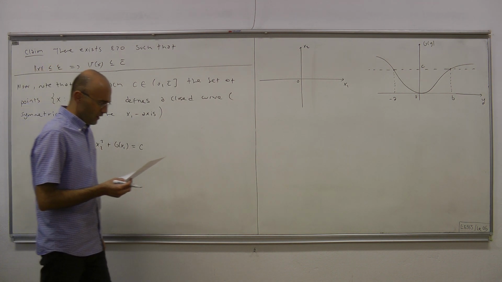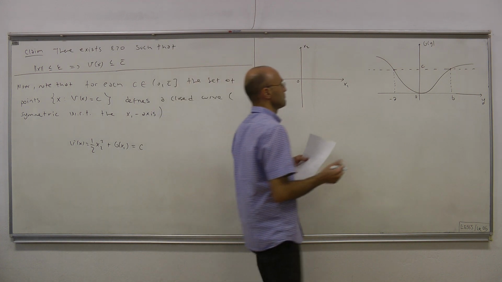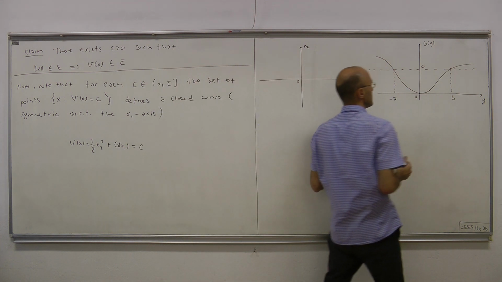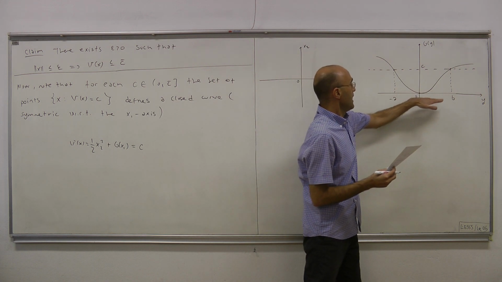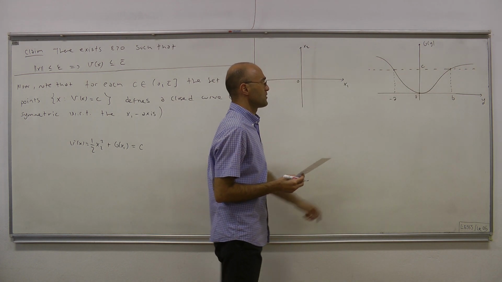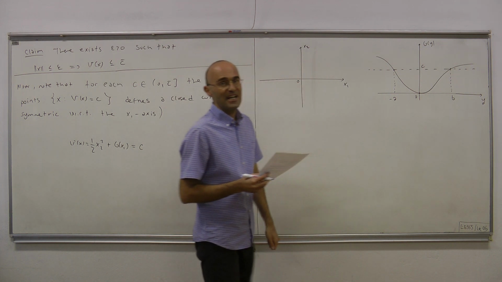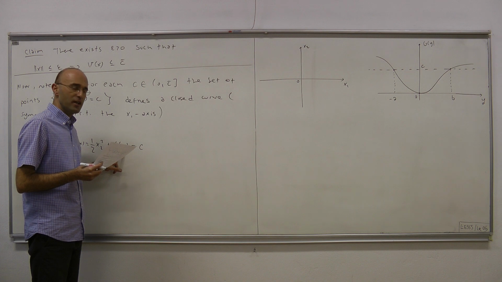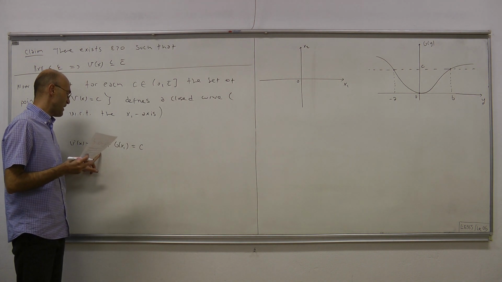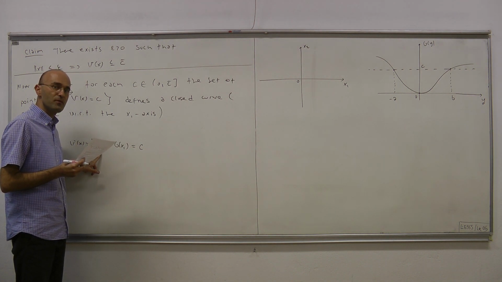Okay. Now, suppose that this is the x1. x1 versus g of x1, we can consider that. Suppose that we start with the candidate x1 equals 0. Now, if x1 equals 0, g of x1 equals 0, and then what we have is 1/2 x2 squared equals c.